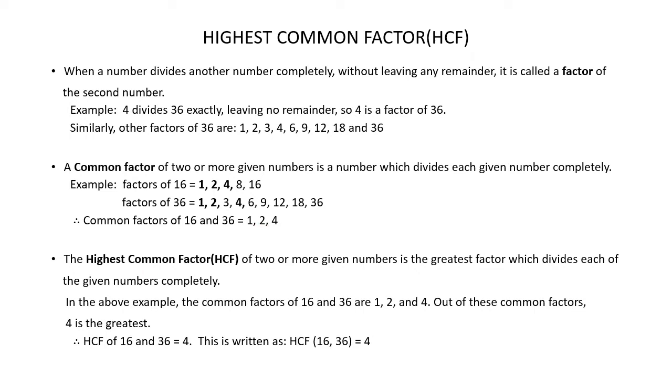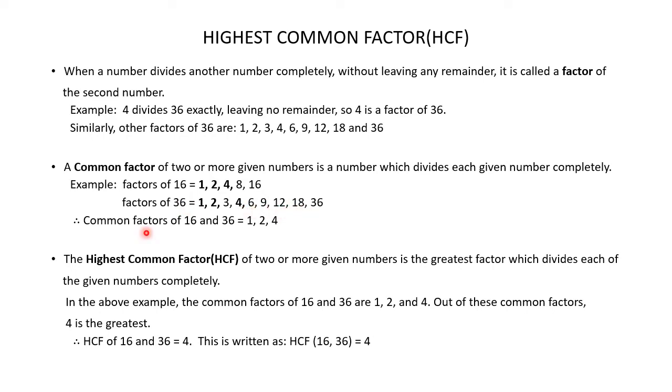Now let's understand the meaning of highest common factor or HCF. The HCF of two or more given numbers is the greatest factor which divides each of the given numbers completely. So look at this example. The factors of 16 are 1, 2, 4, 8 and 16. Factors of 36 are 1, 2, 3, 4, 6, 9, 12, 18 and 36.